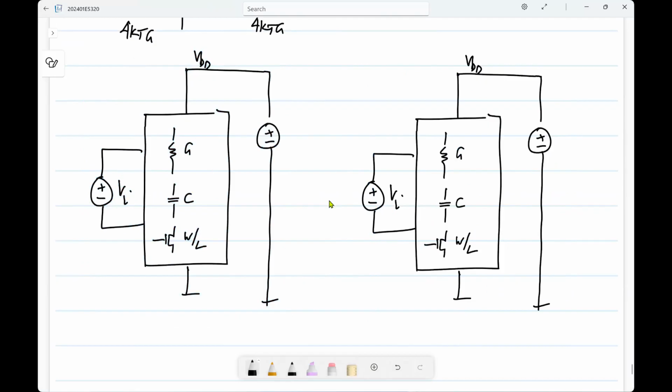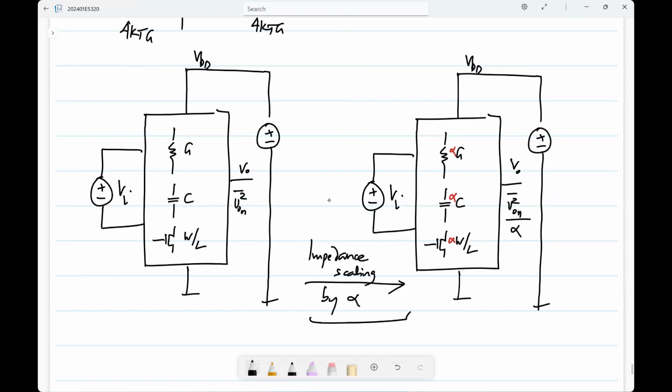Now I make exactly the same circuit, but with scaled conductances, capacitances, and MOS transistor widths. Okay. So earlier we had some output voltage V0 and the noise variance was something. And now we will have the same output voltage V0 and the noise power or the mean square value will be divided by alpha. Okay. So this is impedance scaling by a factor alpha.